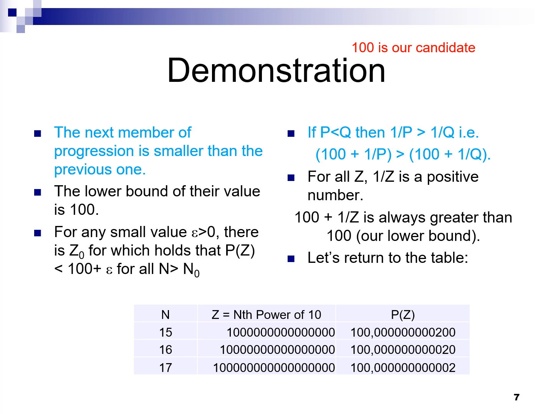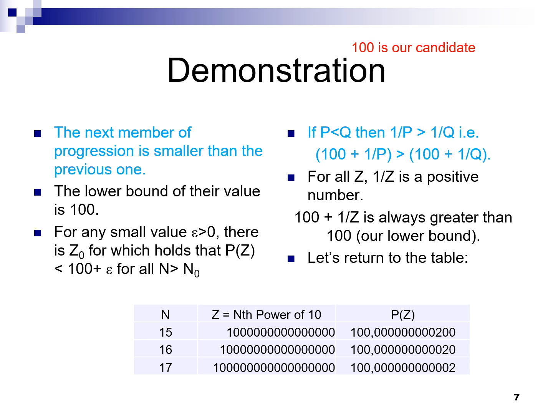So for all those z's, if it is a natural number, then 1 divided by z is a positive number, very, very small sometimes, and smaller as we go, but 100 plus the small term is always greater than 100, which is our lower bound.